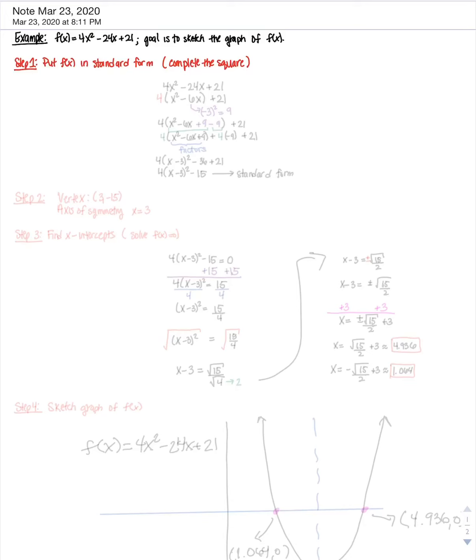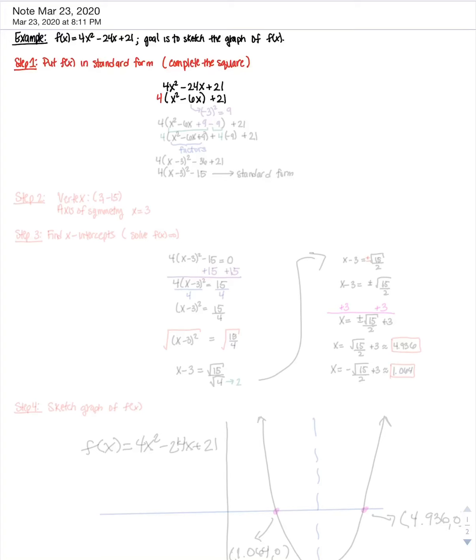So our function f of x is 4x squared minus 24x plus 21. So the first step is to factor out the coefficient in front of your x squared term. So that's a 4. And we're only able to factor it out of the first two terms. So we'll get 4 times x squared minus 6x, close our parenthesis, plus 21.